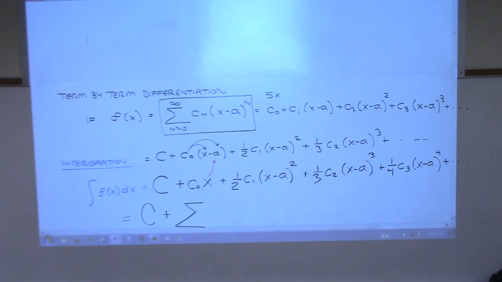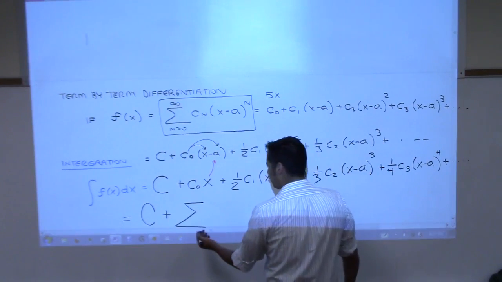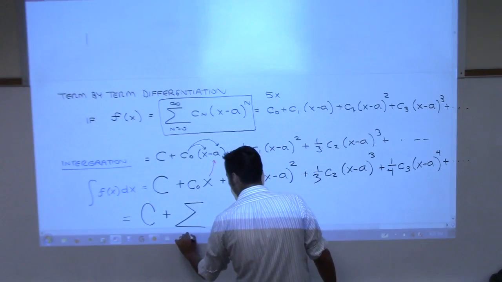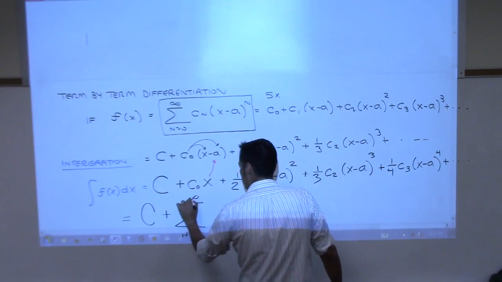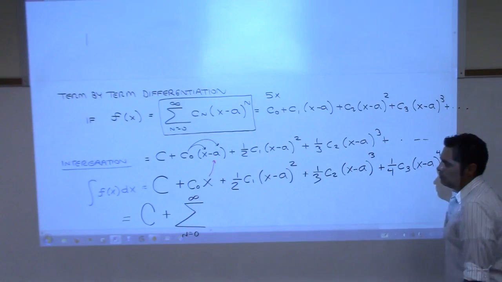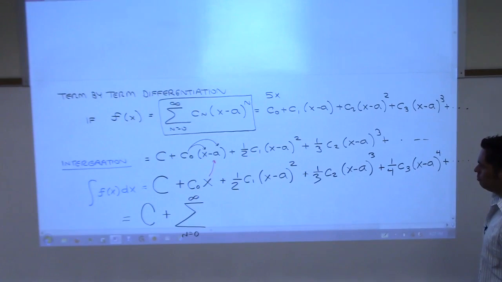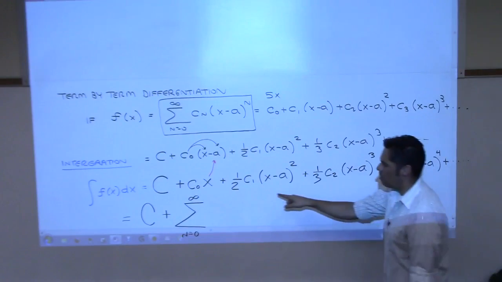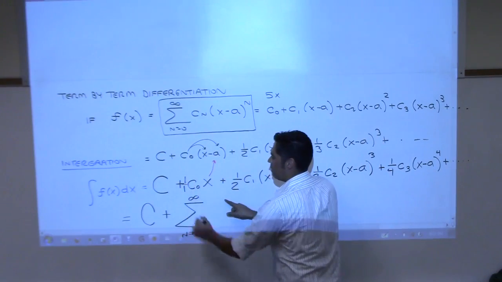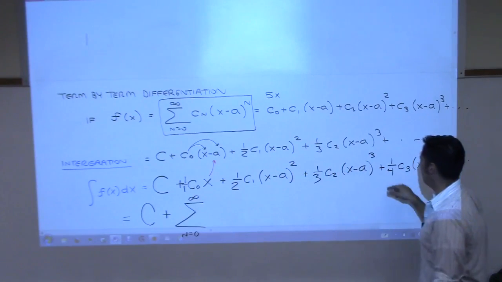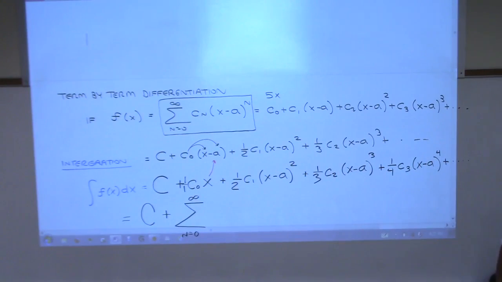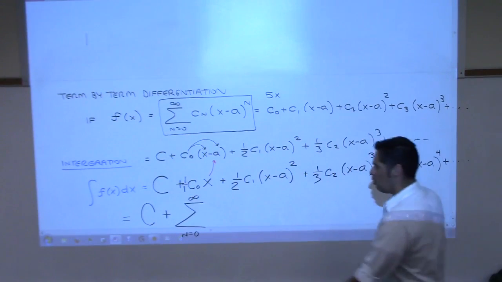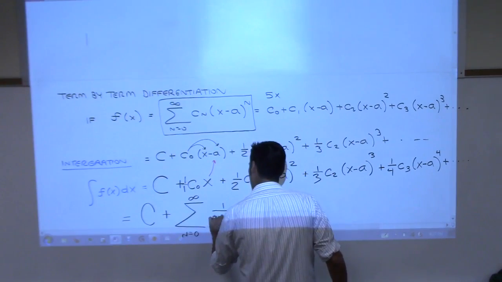All right, so if we do that, what's my formula? Sum, where do you want to start? Let's try and start it at 0. Well, what about all these numbers out front? I need to start out with 1 over 1, then 1 over 2, then 1 over 3, then 1 over 4, but I'm starting at n equals 0, so 1 over n plus 1, right?